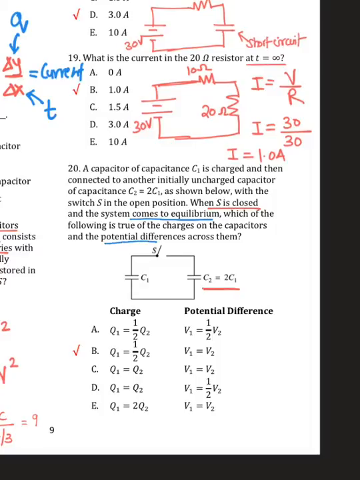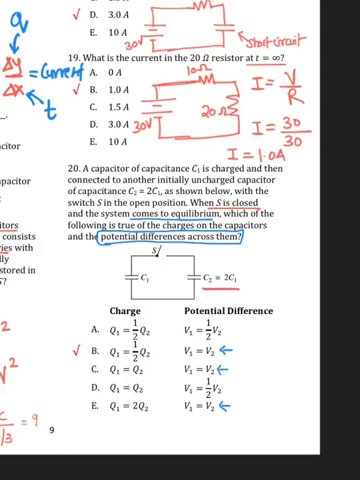Okay, so potential difference across them, if they have reached equilibrium, that means the potential difference across them would be equal, and hence we are left with three options, this one, and this one.